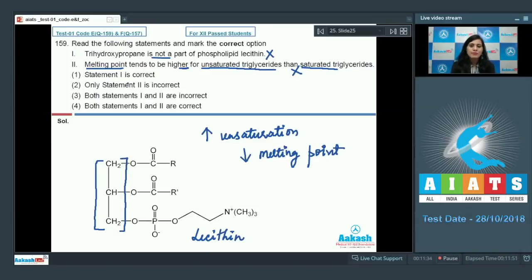Now the options: statement 1 is correct. This is an incorrect option. Only statement 2 is incorrect. This is also incorrect because both the statements are incorrect. Both statements 1 and 2 are incorrect, and this is the correct answer to our question. Both statements 1 and 2 are correct. This is an incorrect option. And the correct answer for this question is option number 3. Let's move on to the next question.